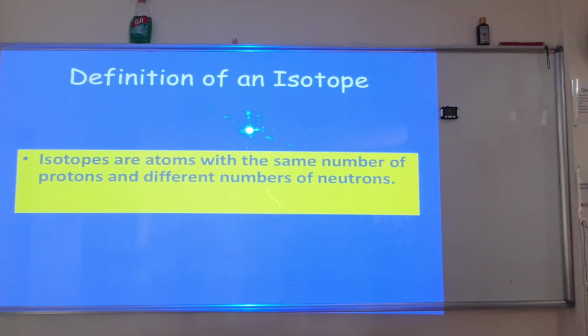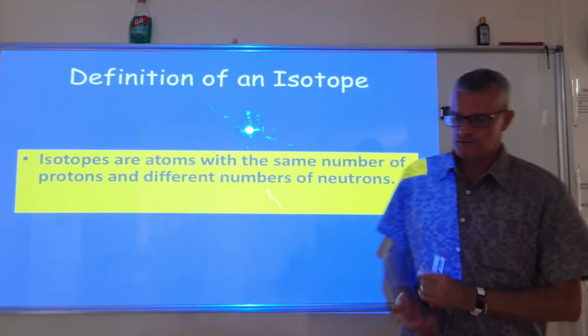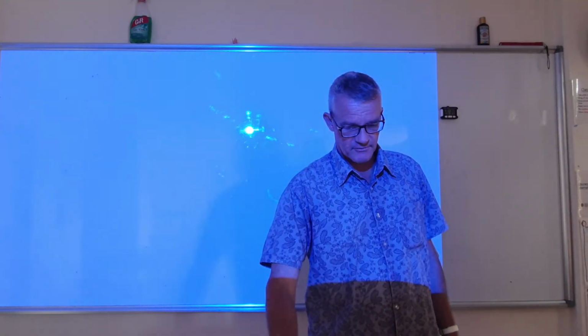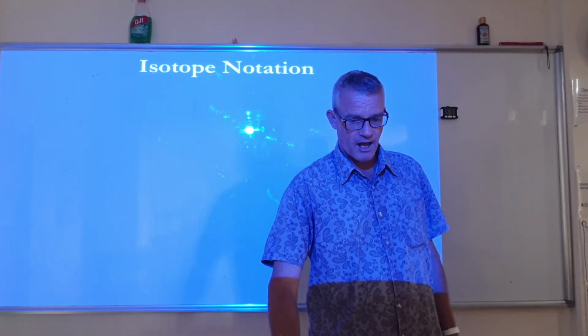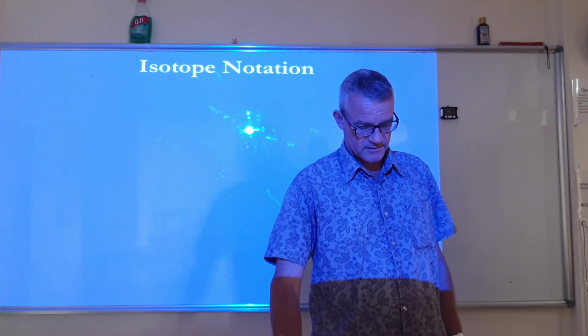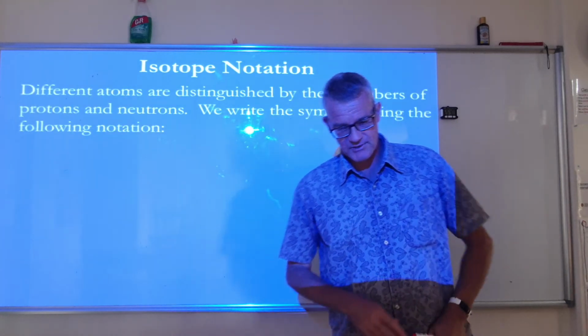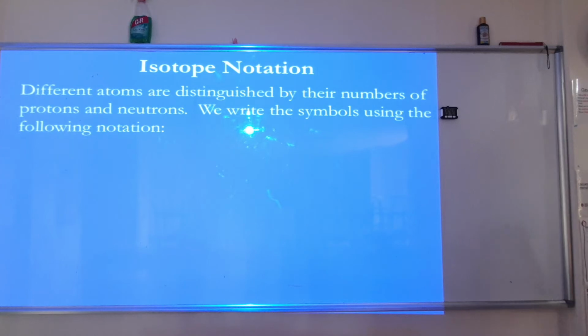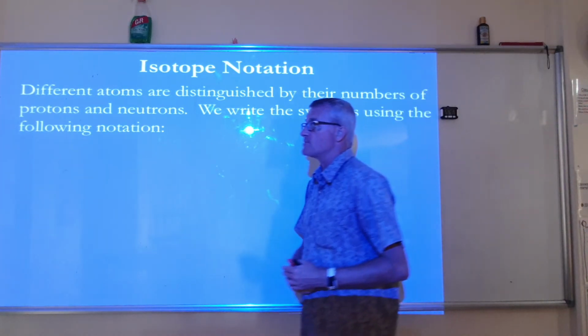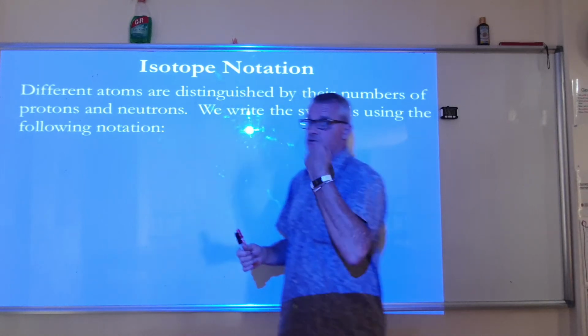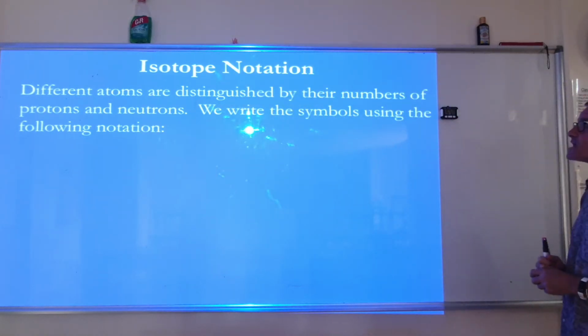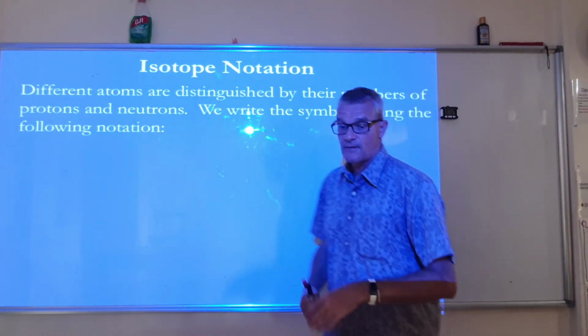So different elements can have different amounts of protons. Now, how do we notate an isotope? Well, we distinguish by the different numbers of protons and neutrons, and we discussed already nucleons and proton number.